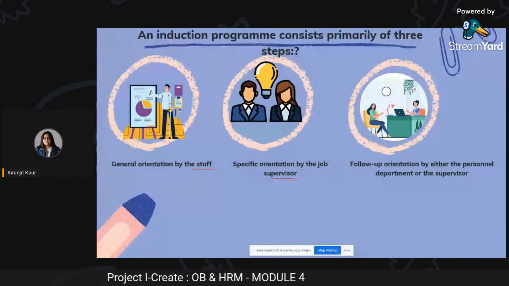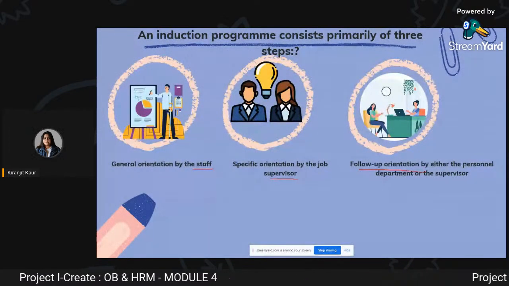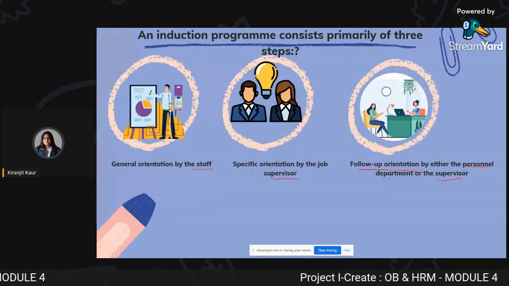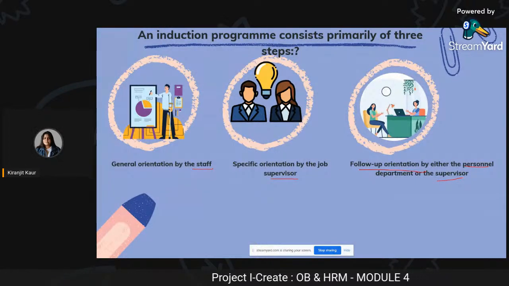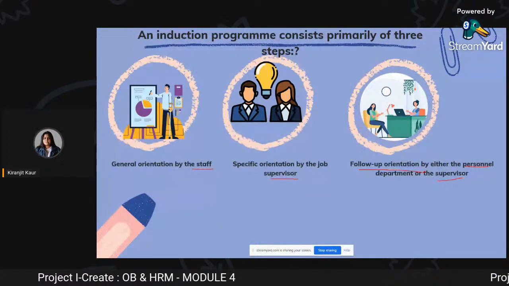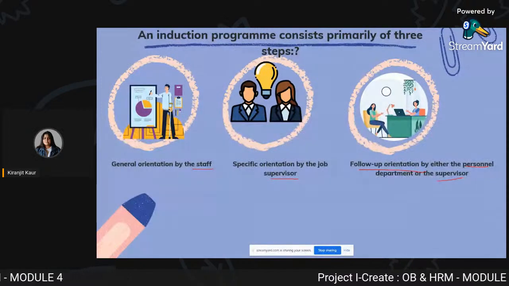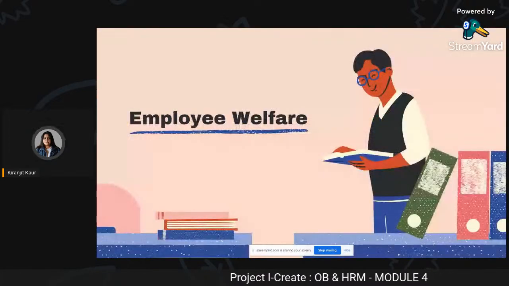And then there should be follow up orientation by the personnel department or the supervisor. When we have given the specific orientation to the employee, then we'll assess his work for a week or two weeks, and then we'll do a follow up orientation to know if they need any kind of information or help.